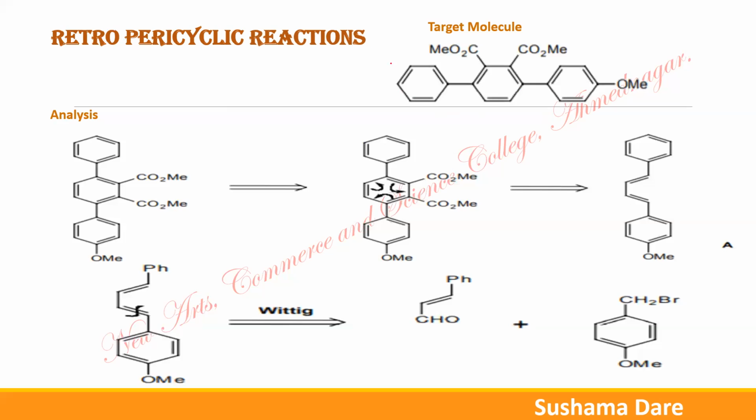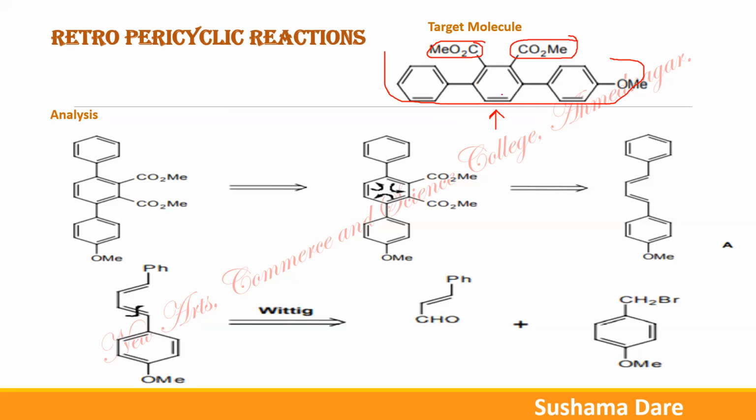Now this is the new target molecule, and you can see so many rings are there. But among that, look at the central ring. In the central ring, the requirement is fulfilled by these two groups, that is, electron withdrawing groups are there. And again, one more double bond is there, which is exactly anti with the substituent.